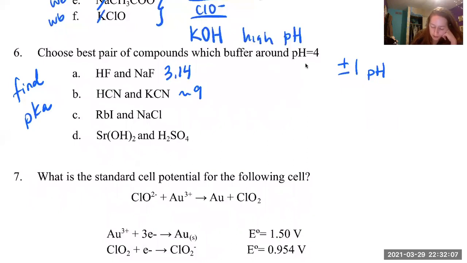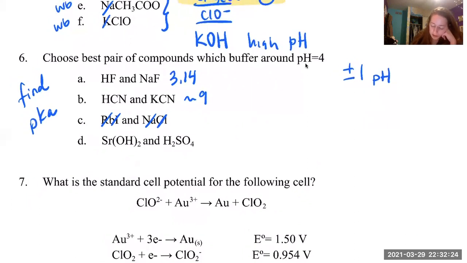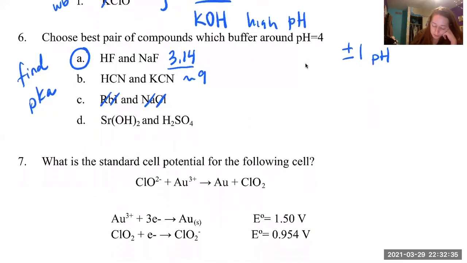The third one, these are kind of salts, and so they kind of completely cancel out and don't really give us a buffer. And the last one has strong species, and so we can't really create a buffer system that way, especially without enough information. And so this is going to be our answer, since this is close enough in our buffer range of plus or minus 1 pH.